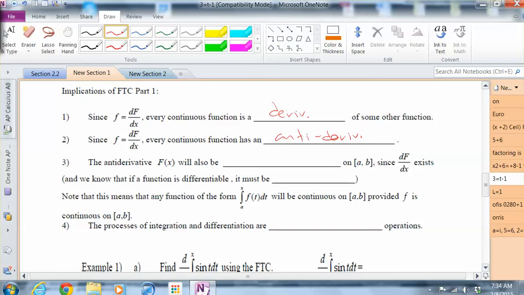The antiderivative F of x will also be continuous on from a to b, since the antiderivative exists, and we know that if a function is differentiable, it must be continuous. Remember, all differentiable functions are continuous. So this guy right here will be continuous on a to b, provided that f is also continuous, and the processes of integration and differentiation are inverses of each other.